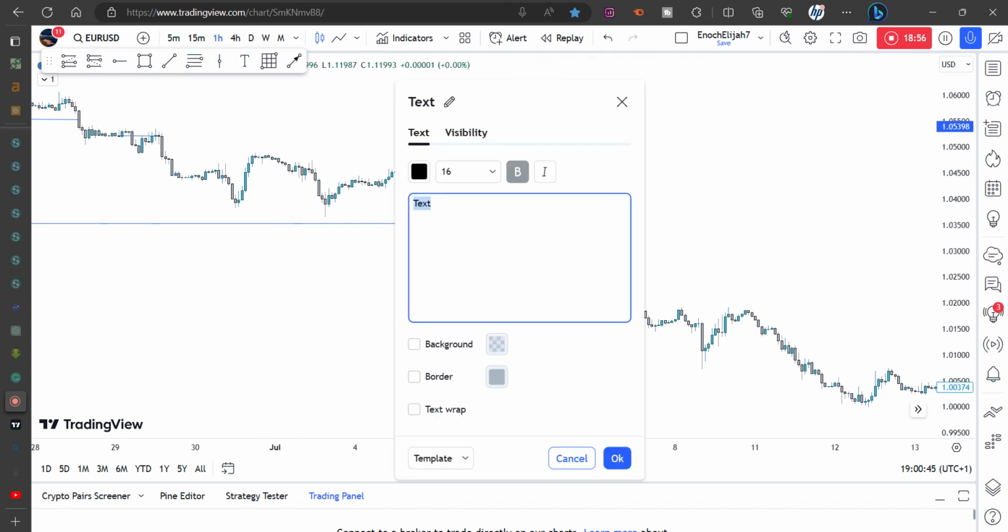So basically, daily structure should be sell at premium level. Then for entry, look for the sell structure on the 1 hour time frame. So it's as simple as that.